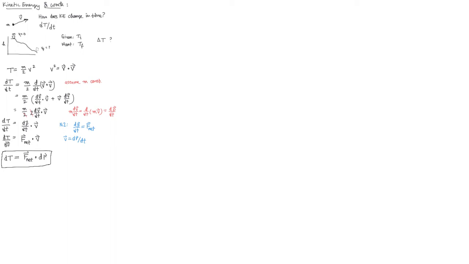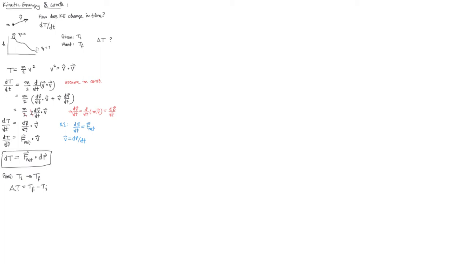So remember our goal was, if we know the initial kinetic energy, we want the final kinetic energy, and we can think about delta T as the final minus the initial kinetic energy.